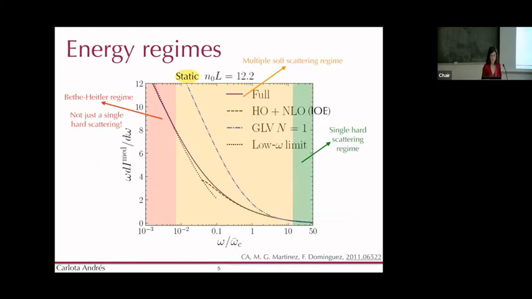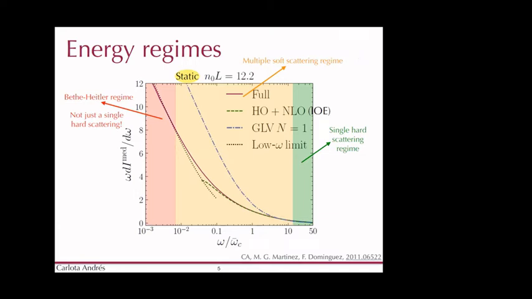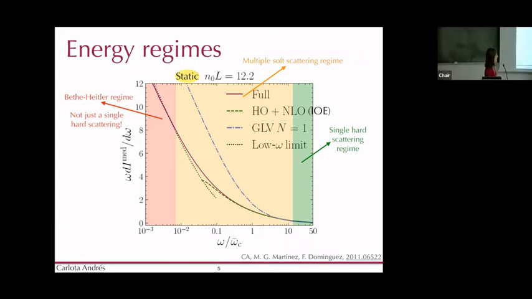So with this, we managed to put the approaches in a plot. What we have here in purple is the full solution of evaluating this formula, compared to different approaches. We have the typical first opacity result, the GLV, and then the improved opacity expansion that, as I said before, works very well at high and intermediate energy.